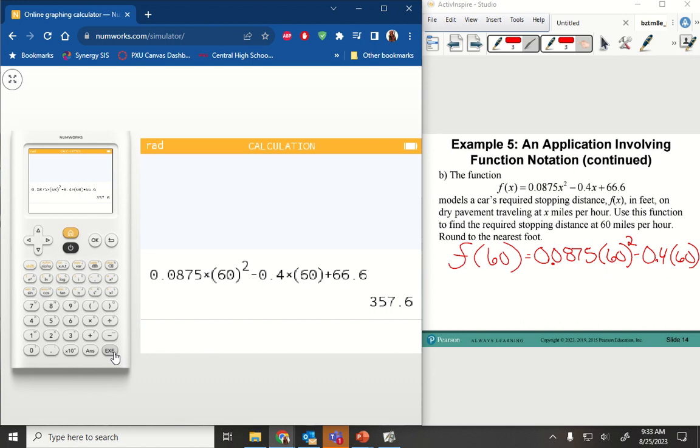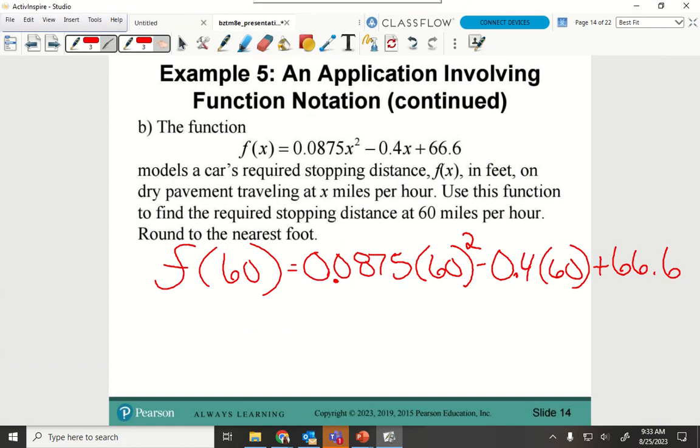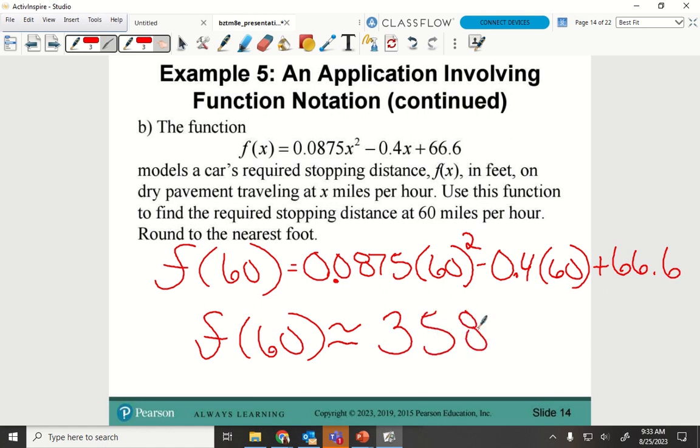So my answer is 358. So f of 60 is about 358 feet. Make sense? Yeah.